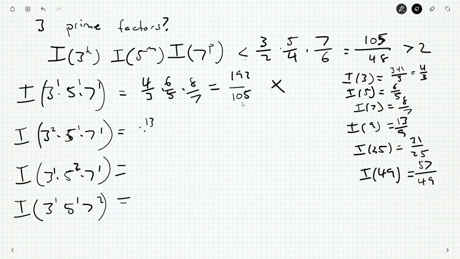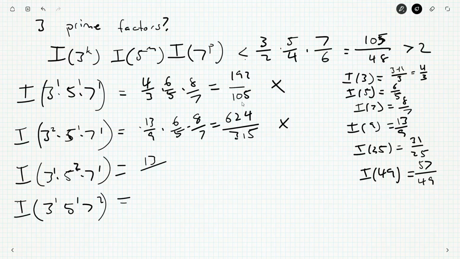So we'll do 13 over 9, 6 over 5, 8 over 7. 13 times 6 times 8. We had 624, and then that's over 315. That is not far off either. I'm betting one of these two might do it, actually. In which case, then we're almost done.